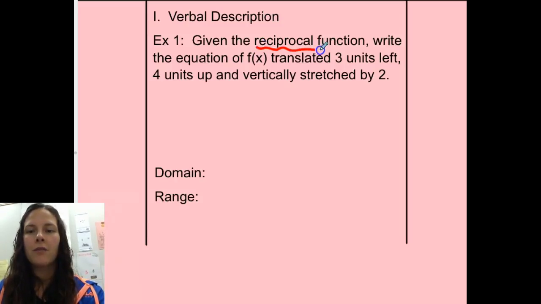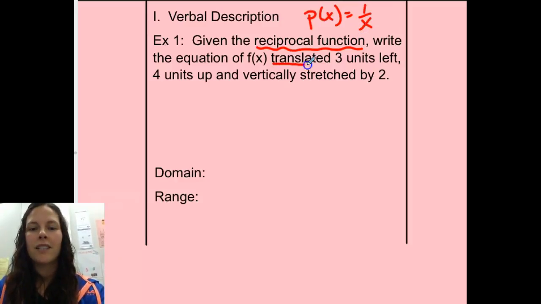First of all, our parent function is the reciprocal function. That's the one that is 1 over x, translated 3 units left. That will go grouped with the x, and it will look like a positive.